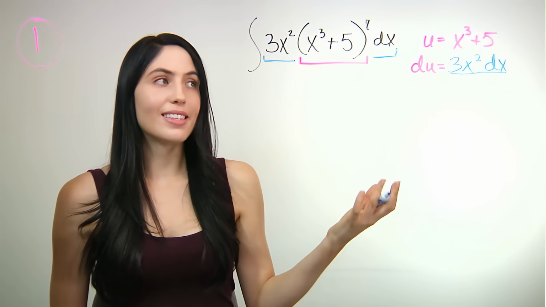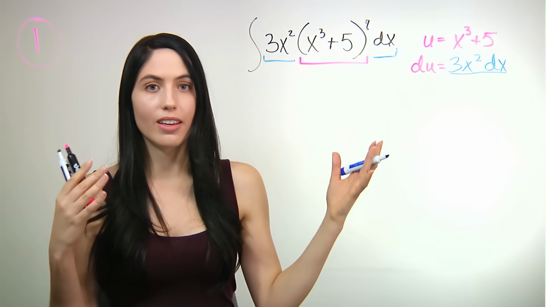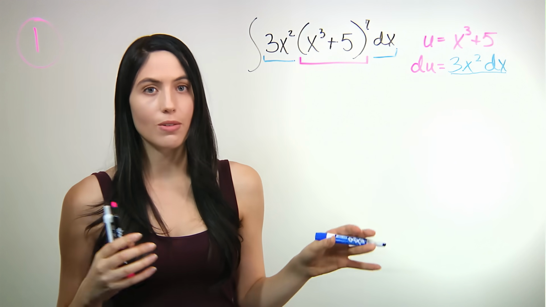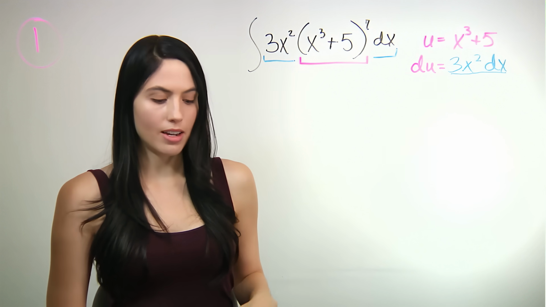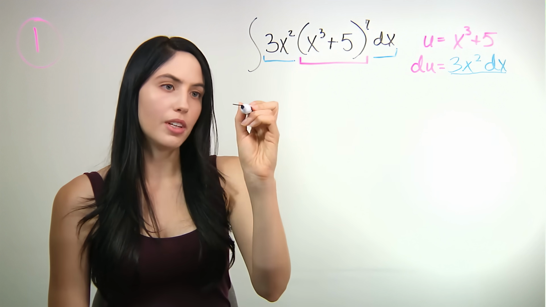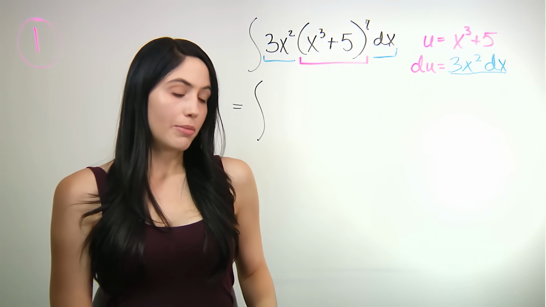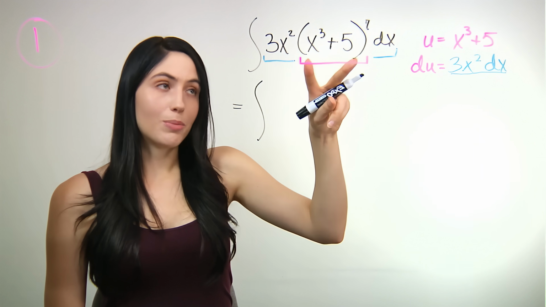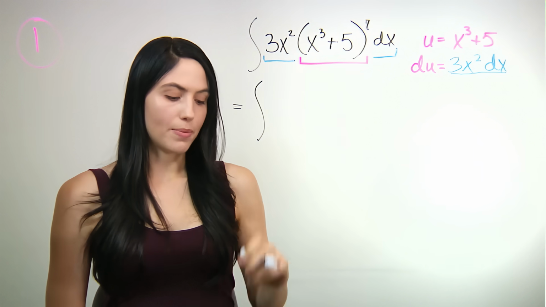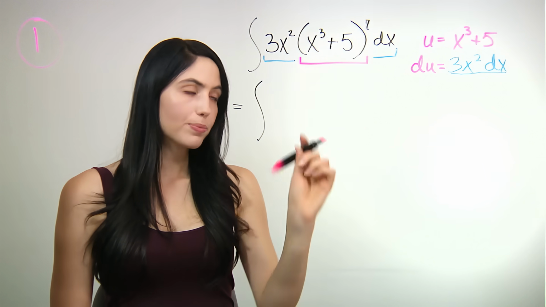What this means is that you're ready to substitute and get everything completely in terms of u and du. So let's do that. In the next line of work, you have an integral of, remember, in place of x cubed plus 5, you're writing u.